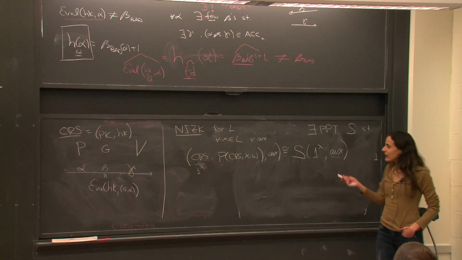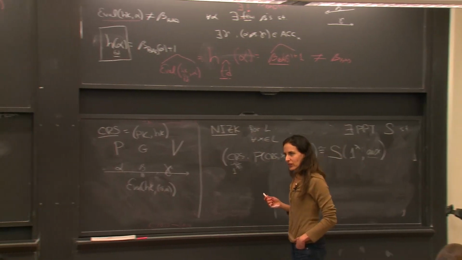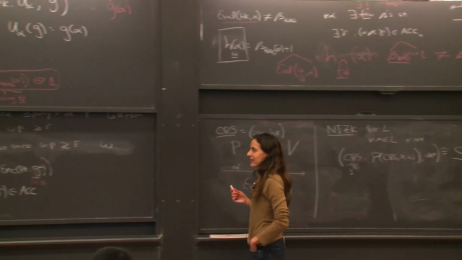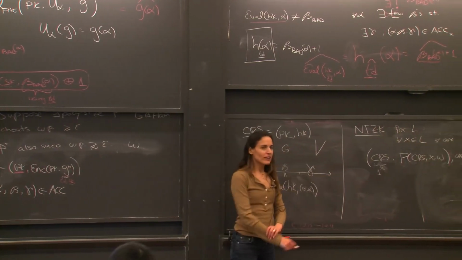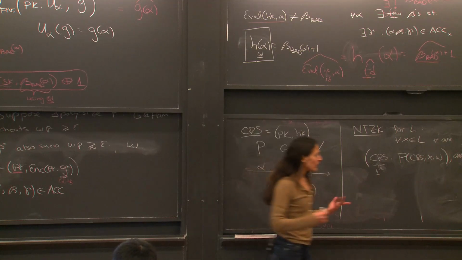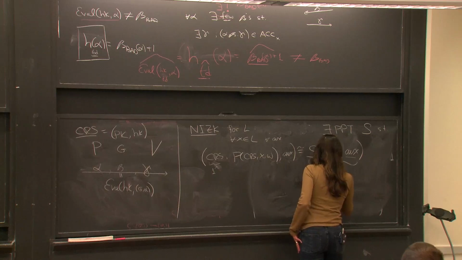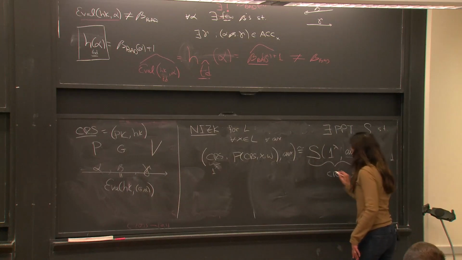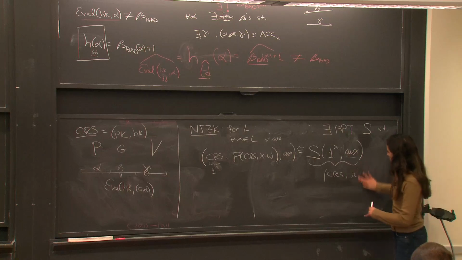Okay, now note the reason this is still zero knowledge is that now the simulator gets to choose the CRS. This simulator outputs a CRS and some fake proof pi that should be indistinguishable, even given aux.